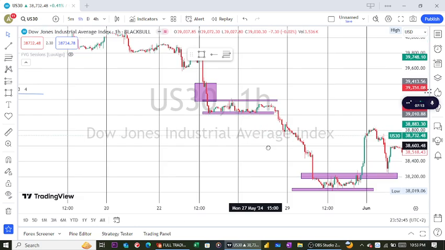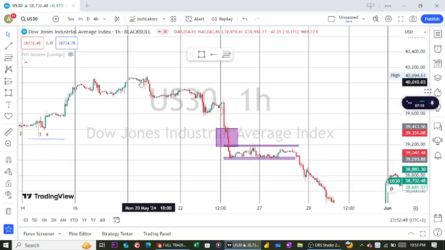We have the same thing here. This is a resistance, this is a support zone, this is a resistance, this is a support. So that's the first thing you need to know. If you're looking for entries, this is where you're looking for your entries from.